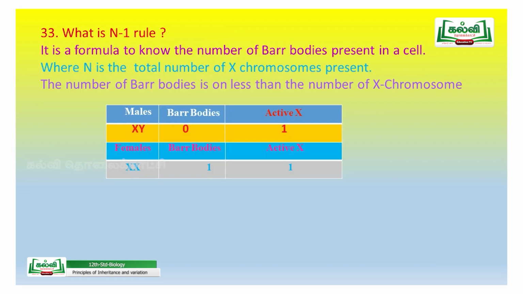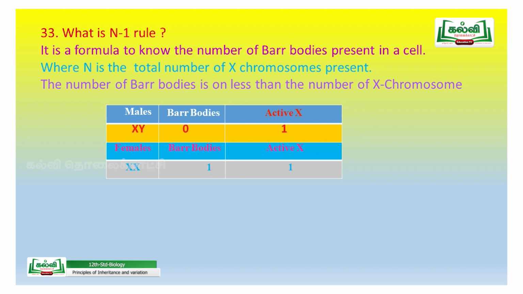What is the N-1 rule? It is a formula to know the number of bar bodies present in a cell, where N is the total number of X chromosomes present. The number of bar bodies is 1 less than the number of X chromosomes. In males you have XY, so the X is only 1, that is, the active X is only 1, and there are no bar bodies.